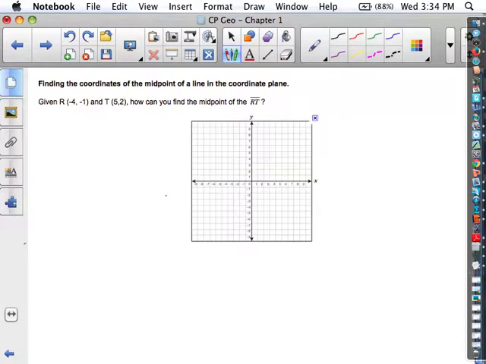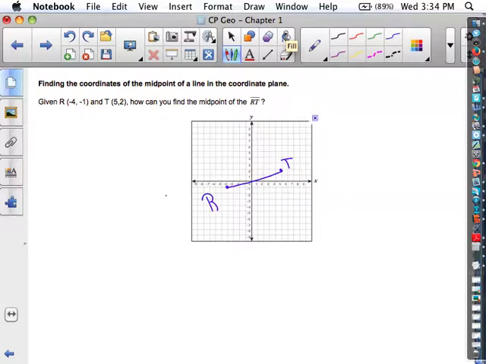Next thing we're going to do is take a look at finding the coordinates of the midpoint of a line in the coordinate plane. So again, I have my point R, which is at (-4, -1), and then I have my point T, which is at (5, 2). And I want to find the exact middle of this line.